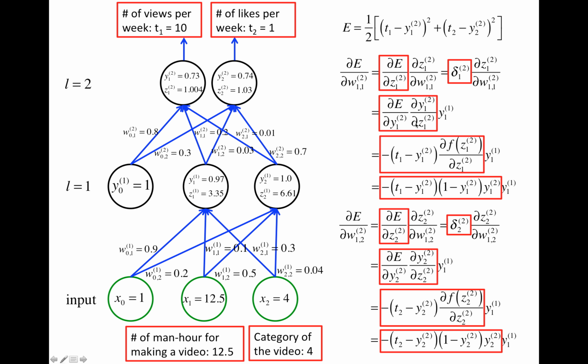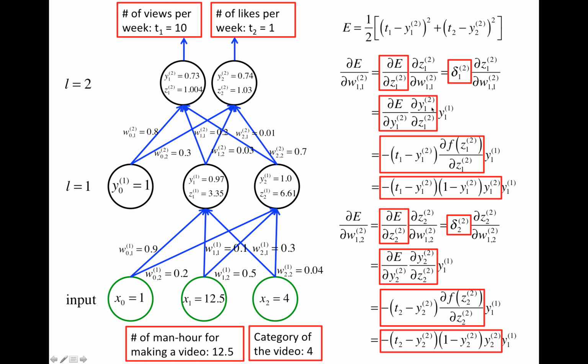So partial y21 partial z21 is just the derivative of the sigmoid function, partial f, that sigmoid function, over partial z21. And from the previous slide, we know that this partial derivative actually equals 1 subtract the output, in this case the neuron output y21, multiplying the neuron output, which is y21. So this derivative also has an explicit expression.